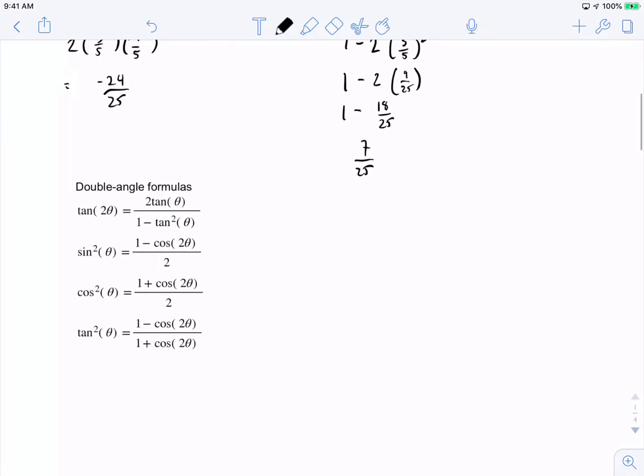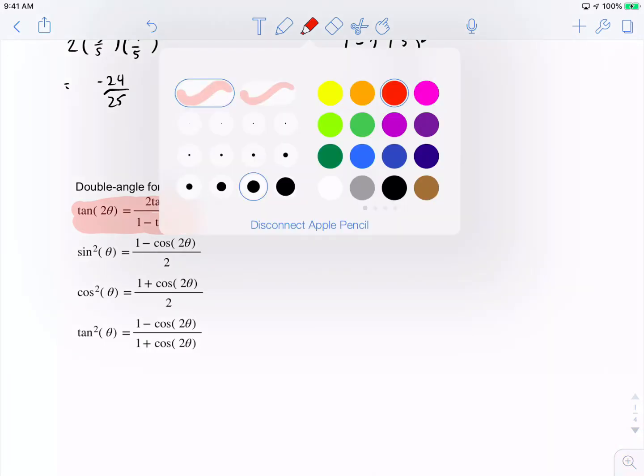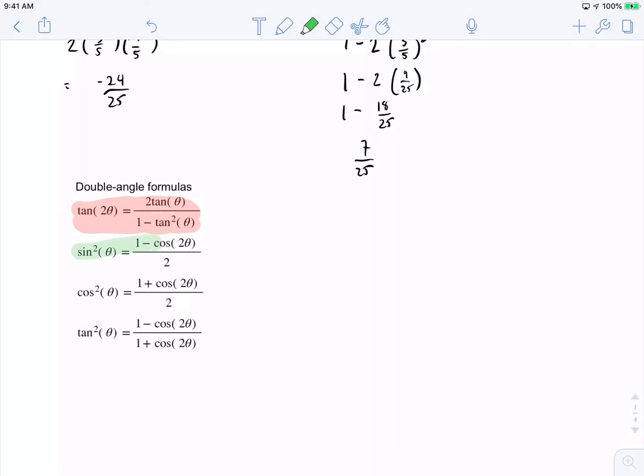There are some formulas also that we need to have. We're going to have tangent here, the double angle for tangent. This is going to be useful. And then the ones that follow, these ones here, later on in mathematics, and maybe in this class, but later on in mathematics for sure, you're going to want to know these because you're going to be doing a thing called power reduction.